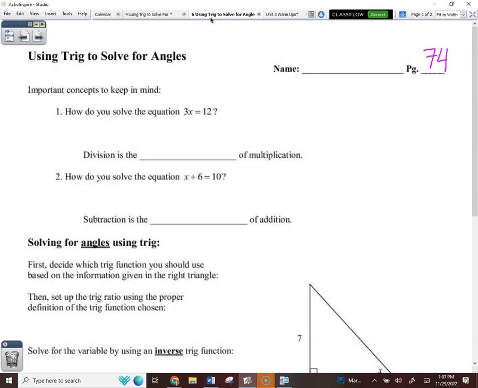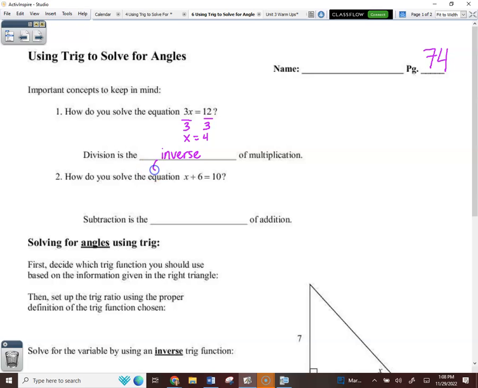How would you solve the equation 3x equals 12? Divide by 3 from both sides. So I want you to show you would divide by 3, you would get x equals 4. And the reason you do that is because division is the inverse of multiplication. Do you know what another word for inverse means? Opposite.